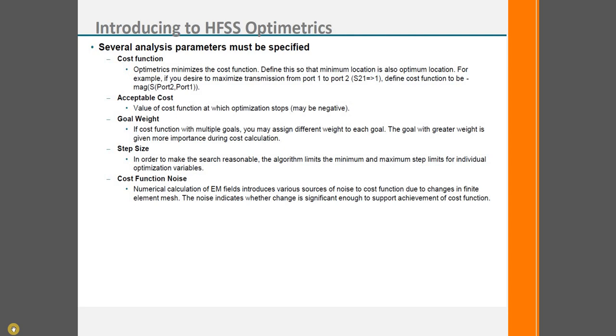and also you can define a cost function noise, which, since the EM field is a numerical calculation, introduces various sources of noise to the cost function and changes the finite element mesh.